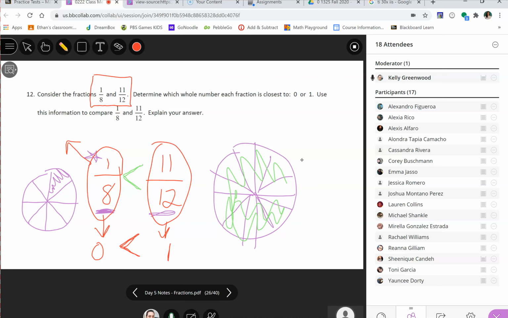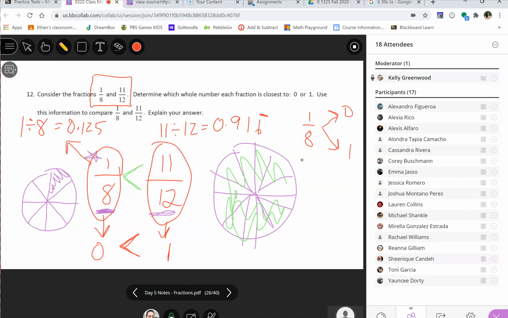Again, you could just change those to decimals. If I do 1 divided by 8, that's going to be the decimal 0.125. And if I do 11 divided by 12, that's going to be the decimal 0.916 repeating forever and ever. So again, you can use decimals, but they might have you do part A: is 1/8 closer to 0 or closer to 1?